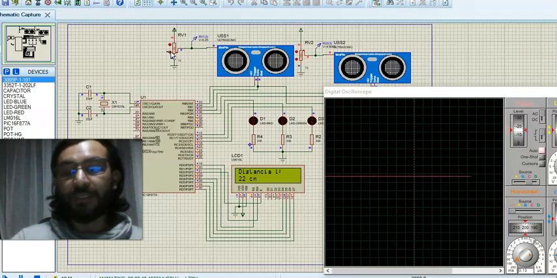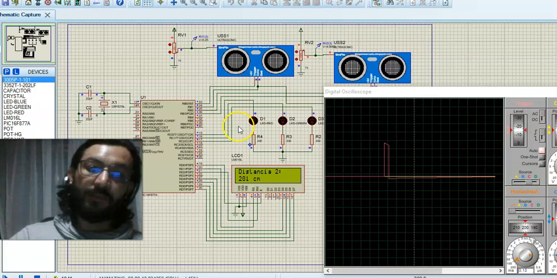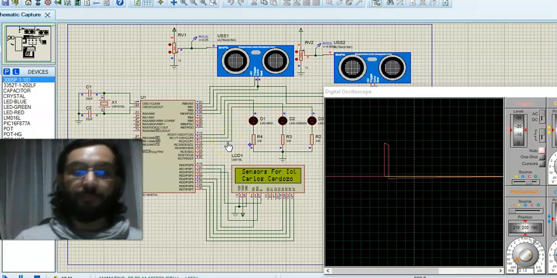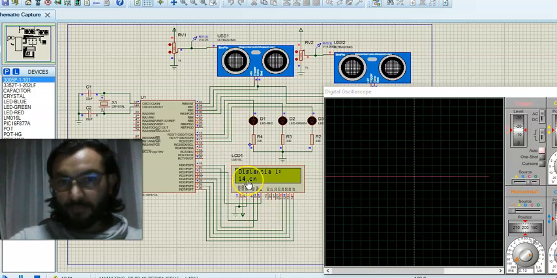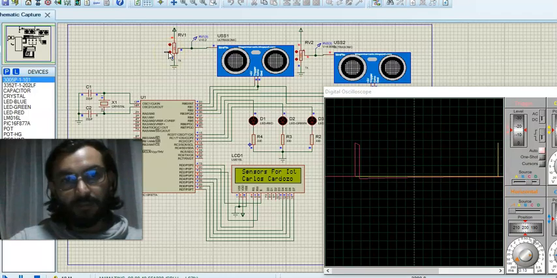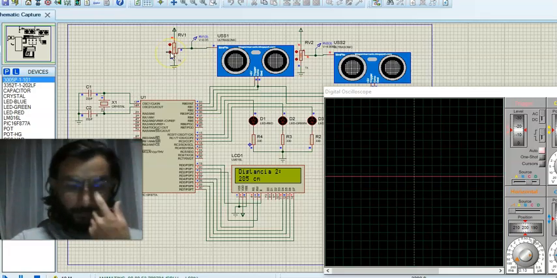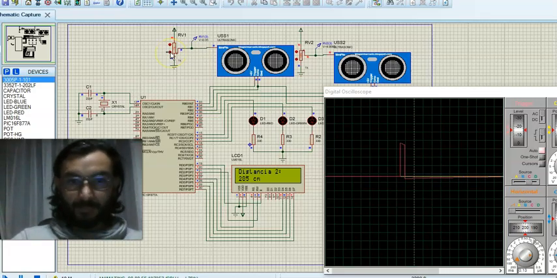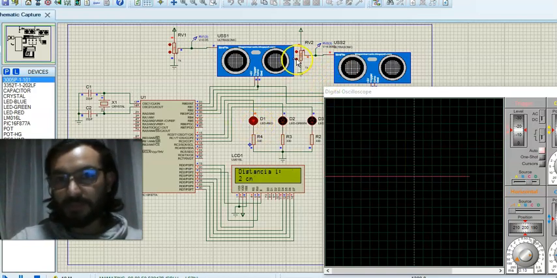When the level is less than 10 centimeters, the first digital output must be turned on. 14 centimeters. I continue, and it must change. Yeah, here it is. And the same form is for the second sensor.